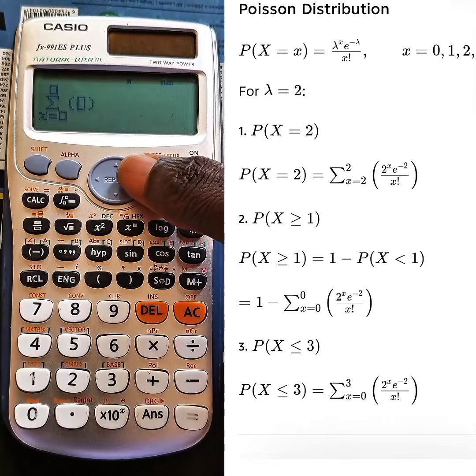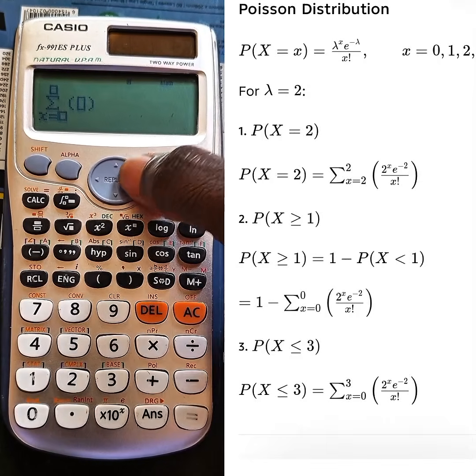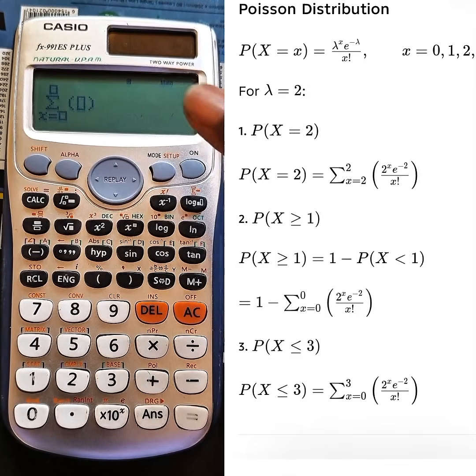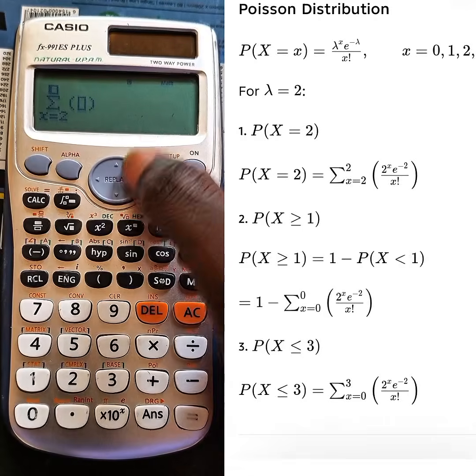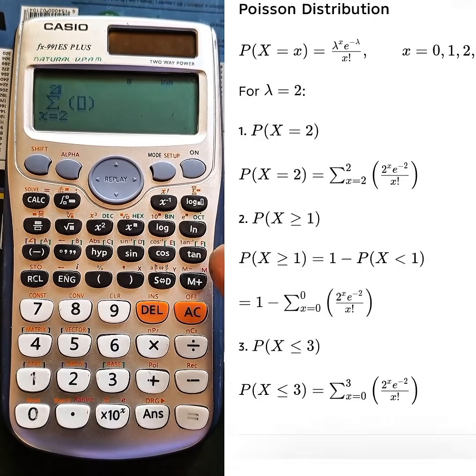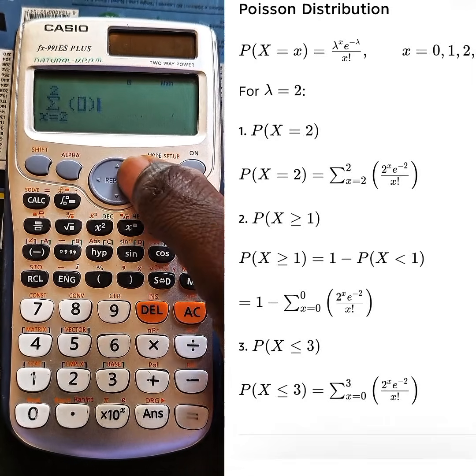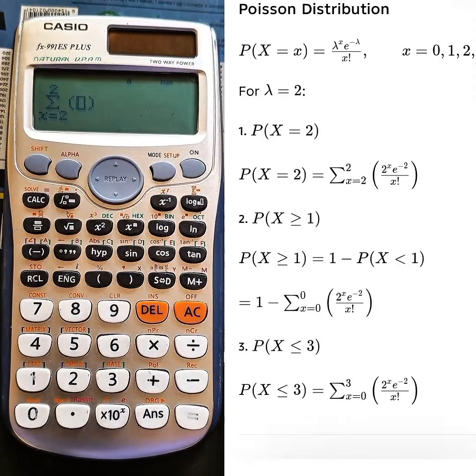Press this arrow here, and it will take you to x is equal to. You're looking for the probability of getting exactly 2, so you put x equal to 2 and the upper limit to be 2 also. Then you press here so that you come back into the bracket.